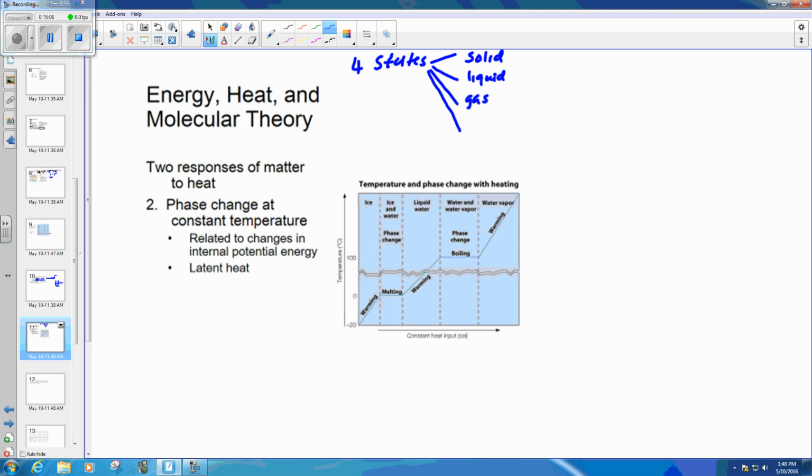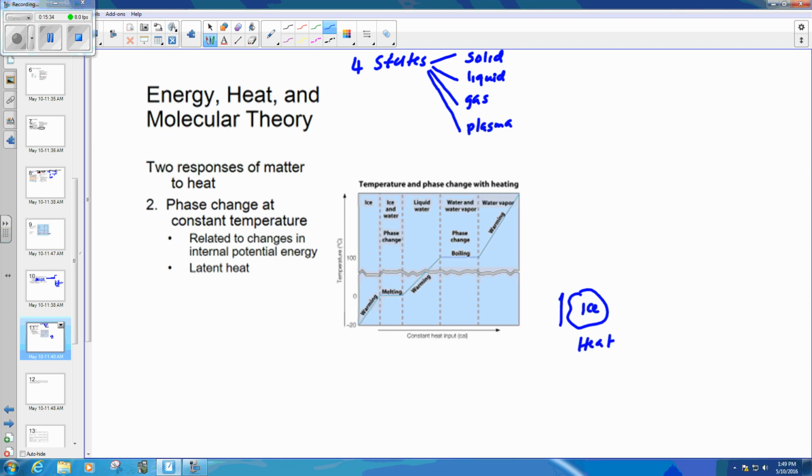In this chart here, we look at 3 of those 4 states. So if you have a chunk of ice, which is a solid, and I heat this chunk of ice, so you supply heat to the chunk of ice. What will happen is that the temperature will rise.